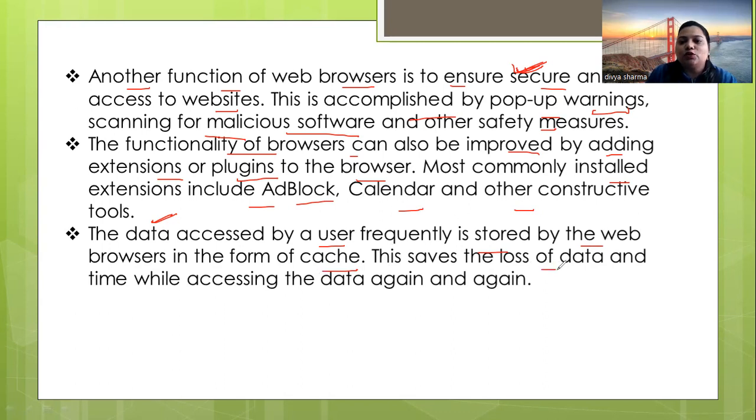This saves the loss of data and time while accessing the data again and again. Cache memory is basically used to store the data for a longer time. So if data has been lost, there is no need to worry because the data is already saved in the cache, right?